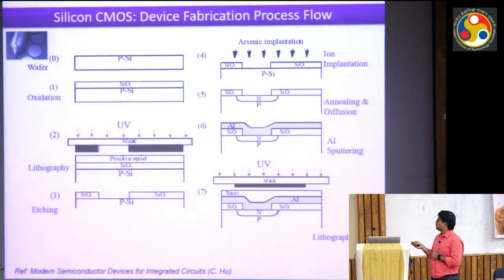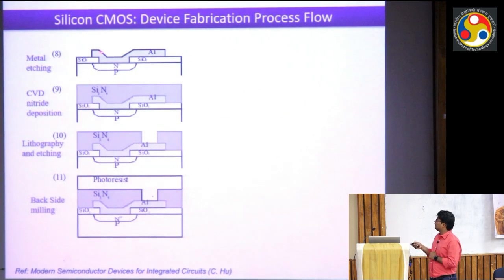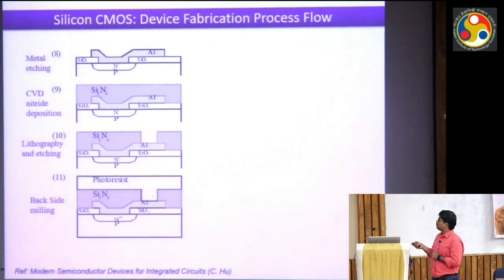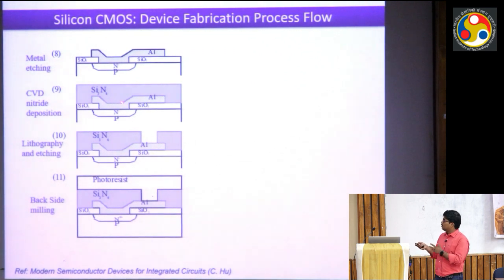After that, once again we'll deposit aluminum by sputtering, a PVD technique, and finally once again we'll do the lithography, and after doing this lithography we'll open another window. So this is the other window. Here we have etched out this metal aluminum portion. So again we'll deposit silicon nitride, but this is a CVD deposited silicon nitride, which we are doing here at our center also.